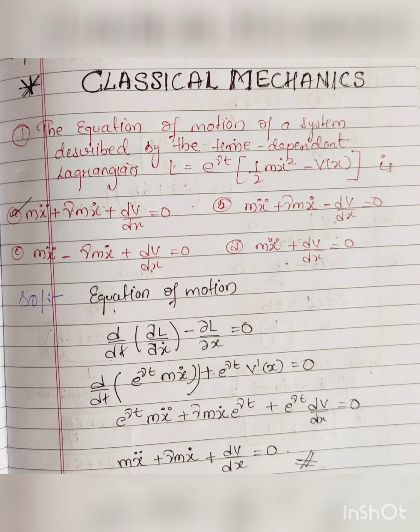Now here e to the power of nu t is common, so let us remove that and the equation will be reduced to m x double dot plus nu m x dot plus dv by dx is equal to 0. So this is the answer for the given question. So for this, option A is the right answer.